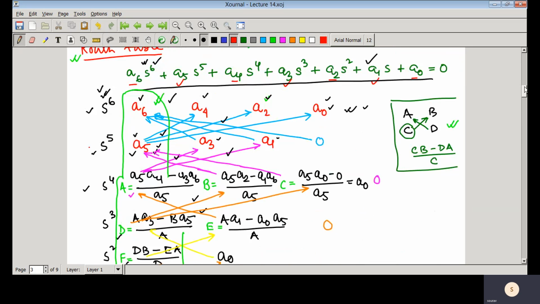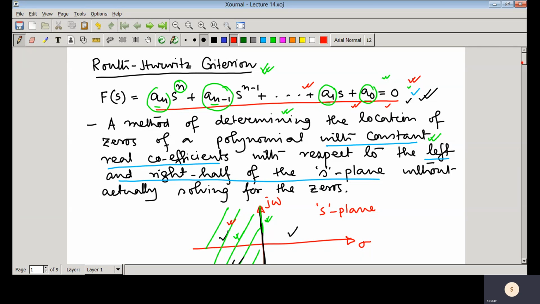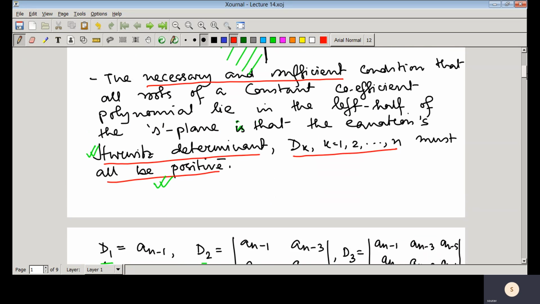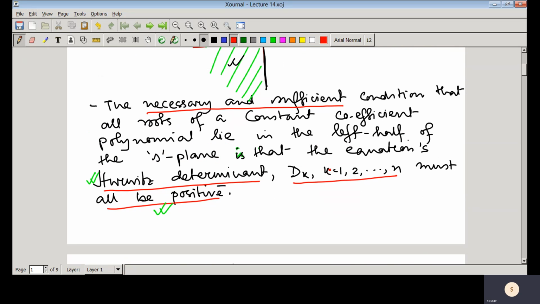So today we have started with the Routh-Hurwitz criteria, and this particular method is used to find how many poles are in the left half of the S-plane or right half of the S-plane. That means the boundary is the imaginary axis, and it has some limitations. One of the major limitations is that the polynomial should have real coefficients, and the second is that it gives the necessary and sufficient condition.